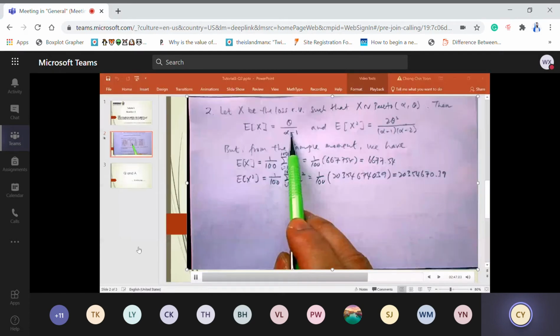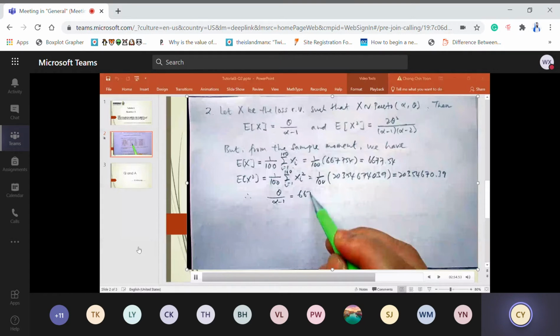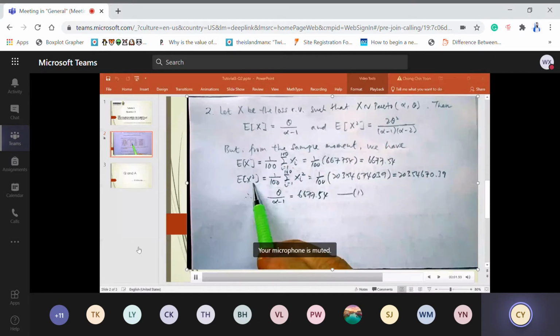Therefore, theta divided by alpha minus 1 is equal to 6677.54. Say this is the first equation. And the second raw moment will be equal to this. Therefore, 2 theta squared divided by alpha minus 1 and alpha minus 2 equals this figure.